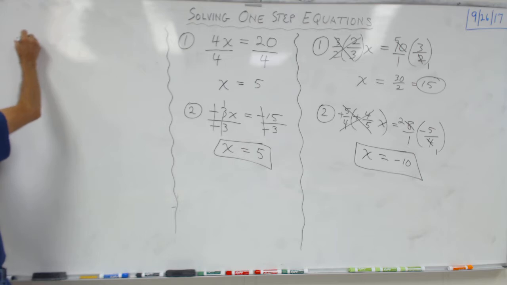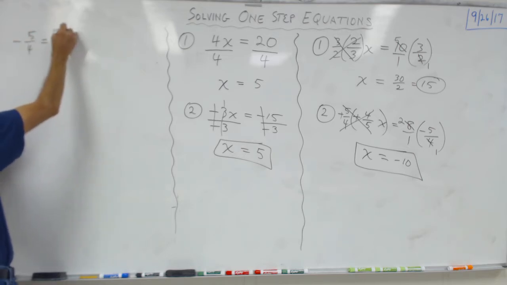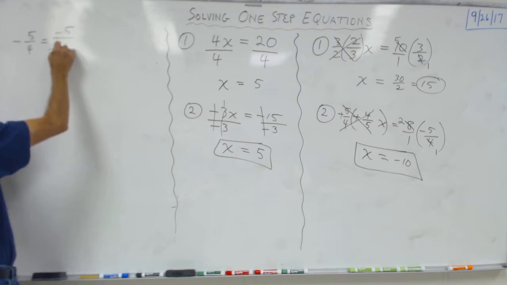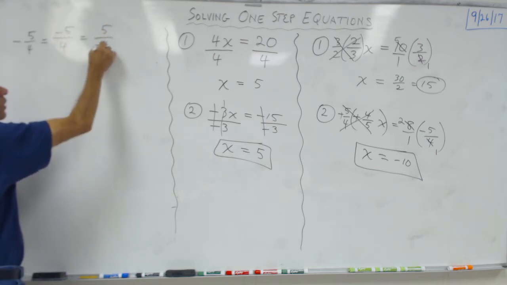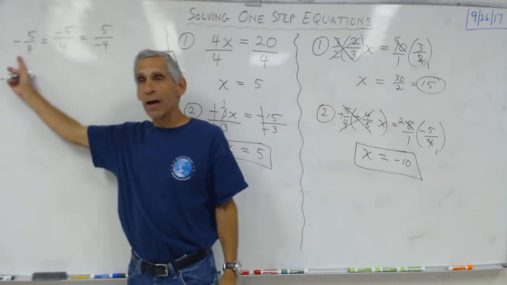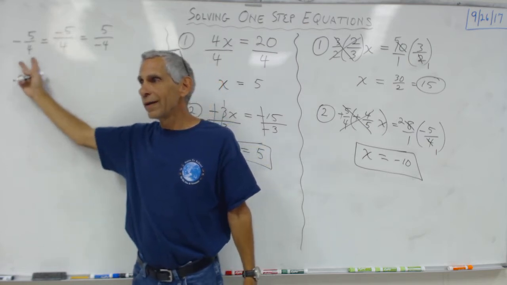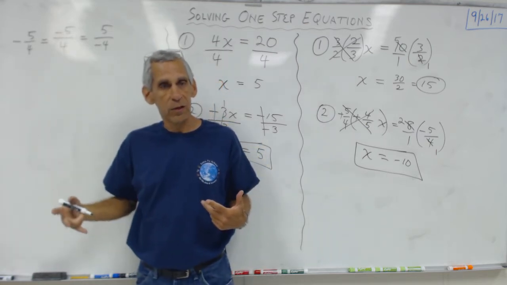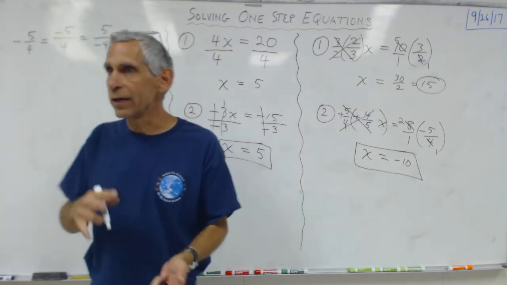Negative 5/4 is also negative 5 over 4, which is also 5 over negative 4. Those are all identical. Because how many negatives does each fraction have? 1. That one negative makes the whole fraction negative. So you can put any negative anywhere you want in the fraction.